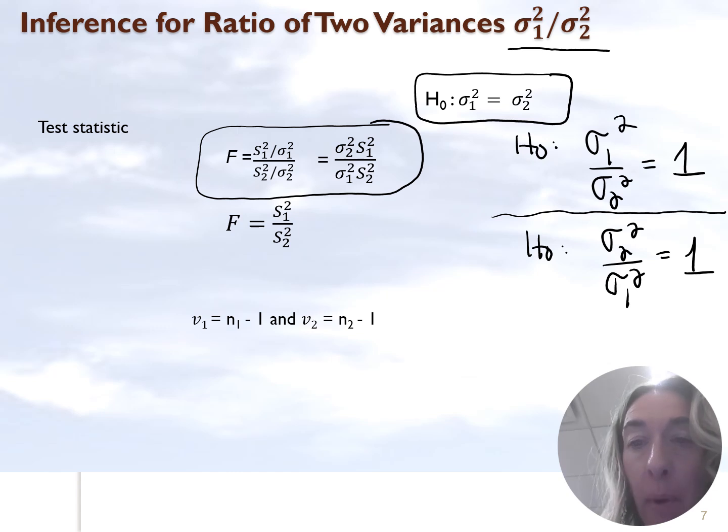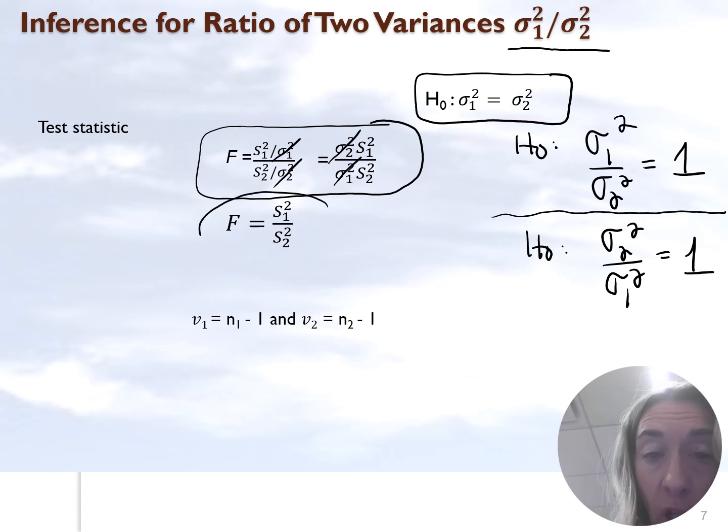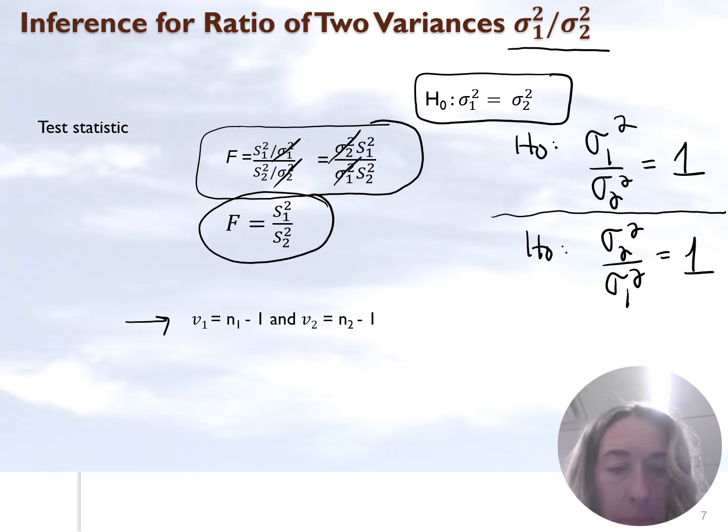If that hypothesized ratio is 1, that's going to cancel. Or alternatively, if you look at it the other way, it's going to cancel. So what you're ultimately left with is that the F test statistic can be simplified to the ratio of the sample variances, S1 squared over S2 squared. Probably the simplest test statistic we've seen thus far. This, of course, will have n1 minus 1 degrees of freedom and n2 minus 1 degrees of freedom, two separate degrees of freedom.